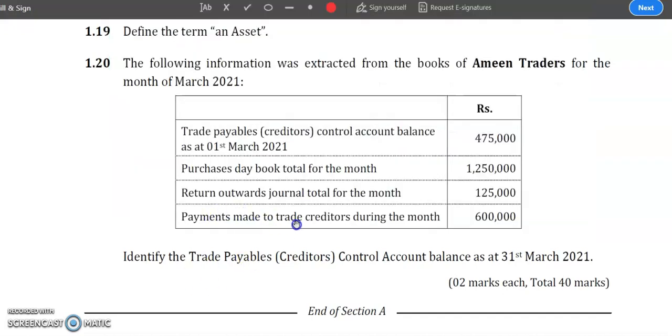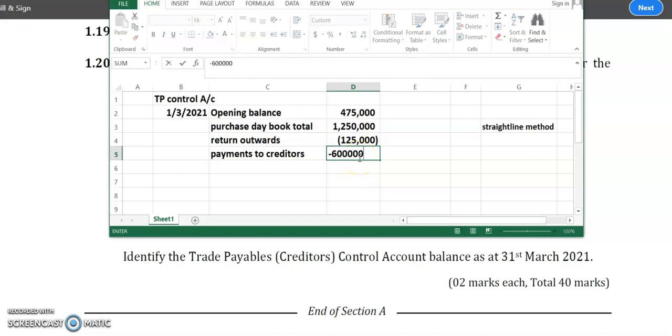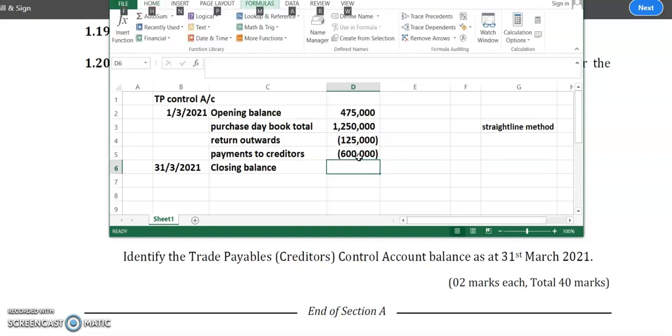And payments made to trade creditors during the month. So when we make payments to creditors, 600,000 is deducted. So the closing balance at 31st March 2021, the closing balance is the sum of this, which is 1 million.